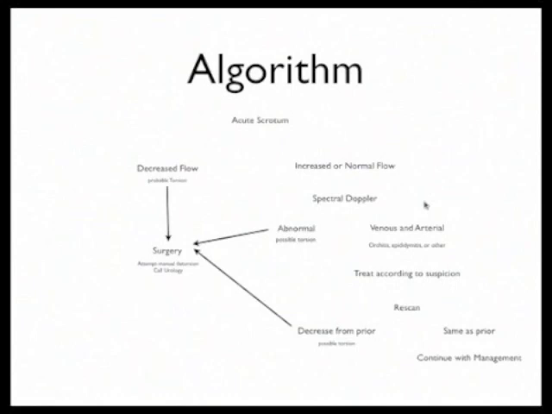This has been reported, but it usually only lasts for less than 15 minutes. So that's why I say rescan them. If all of a sudden what looked like orchitis and epididymitis with increased flow, all of a sudden the flow is normal now, or just decreased from prior, then that's a possible torsion with this case of intermittent detorsion.